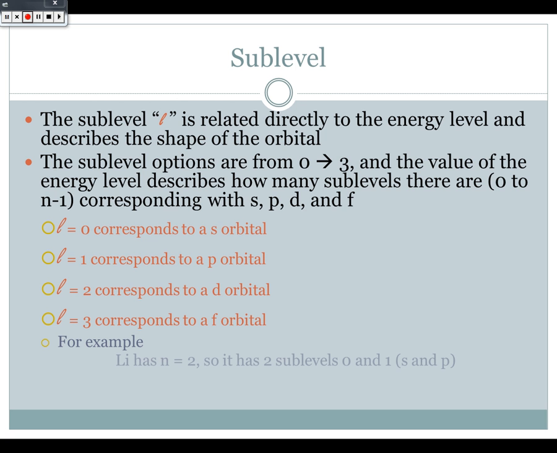So for example, lithium is n = 2, so it has 2 sublevels, 0 and 1, meaning it has the potential for electrons in the s and p orbitals. Potassium has n = 4, so it has 4 potential sublevels, 0, 1, 2, and 3, or s, p, d, and f orbitals. Now, that's just the potential at that energy level.